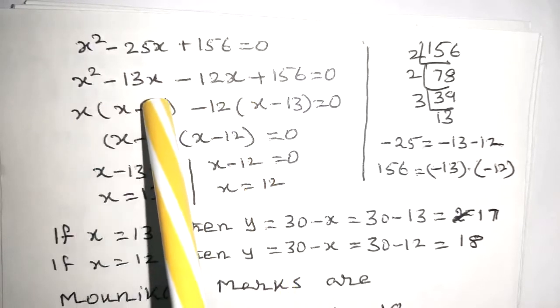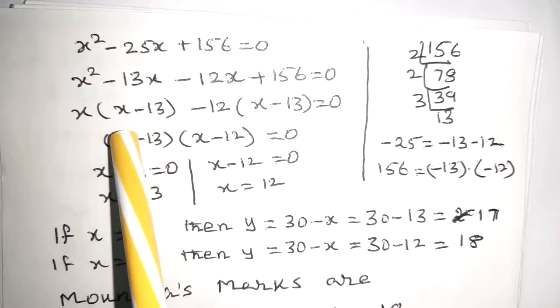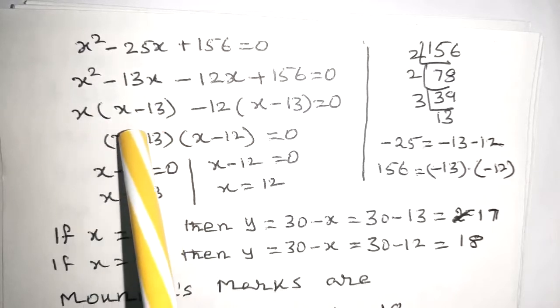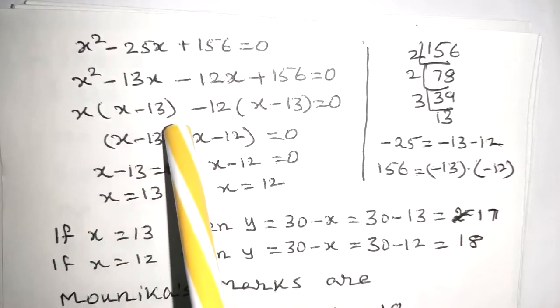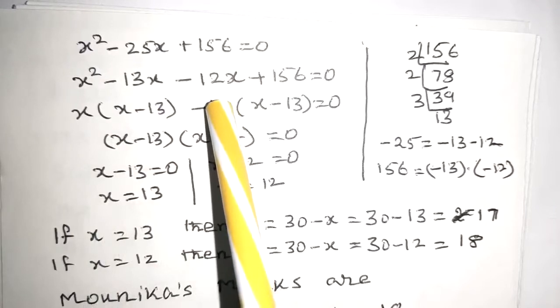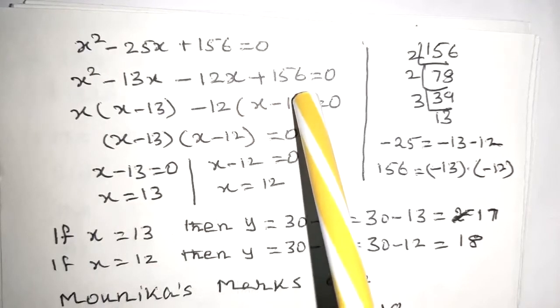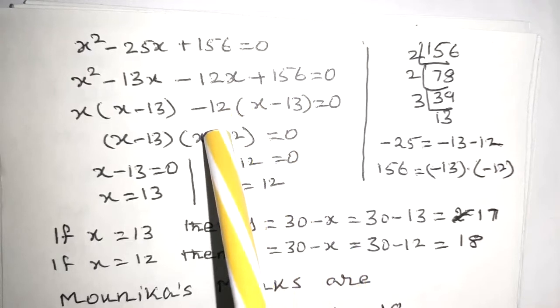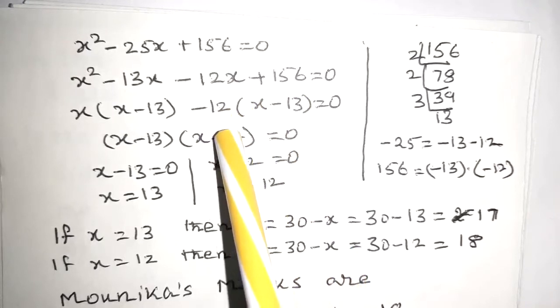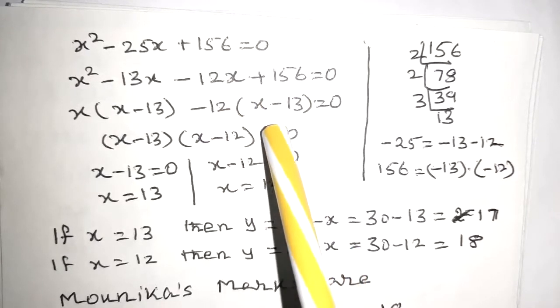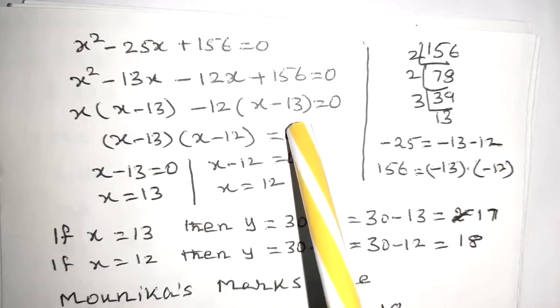From x square minus 13x, x is taken as common factor and we write x multiplied by x minus 13. Considering minus 12x plus 156 and taking minus 12 as common factor, we get minus 12 multiplied by x minus 13.